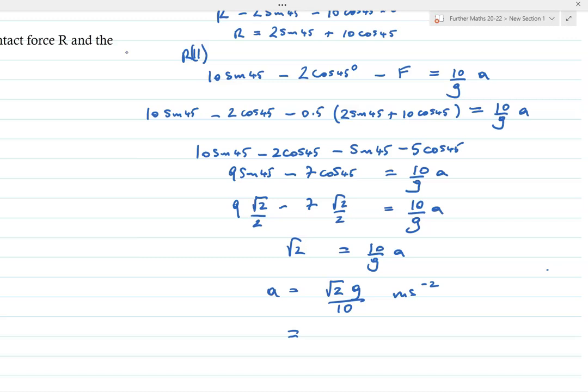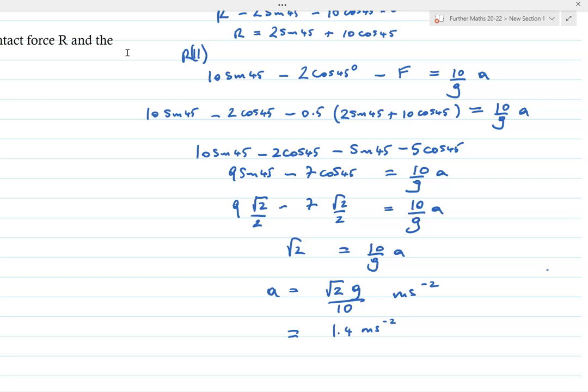If we're taking g as 9.8, which we do in mechanics often, that's the default thing that we take, then to two significant figures, that's going to come to 1.4 meters per second squared if you've used 9.8. If you've used 9.81, then it's going to come to 1.39 meters per second squared.